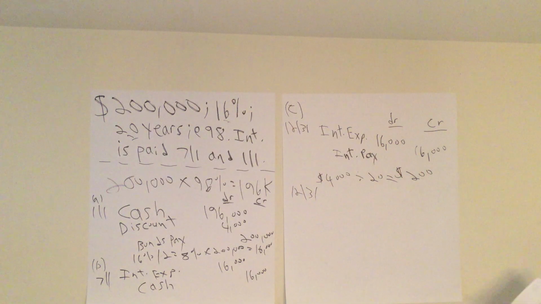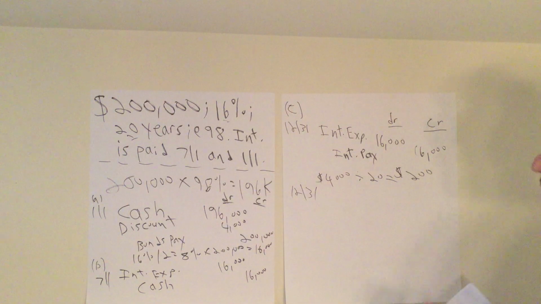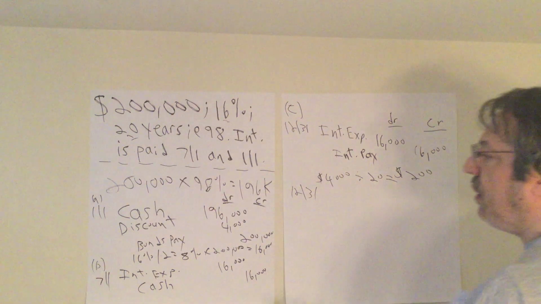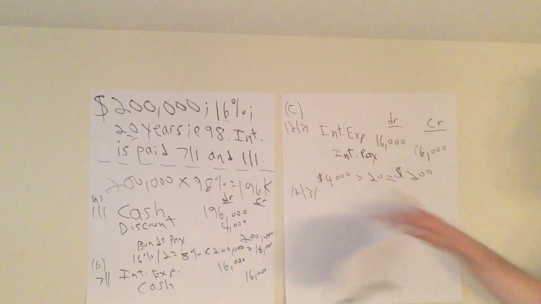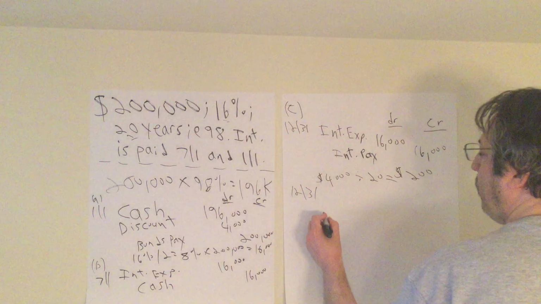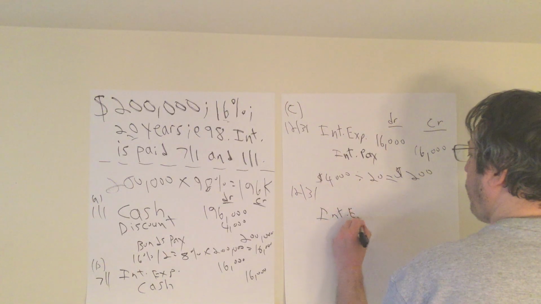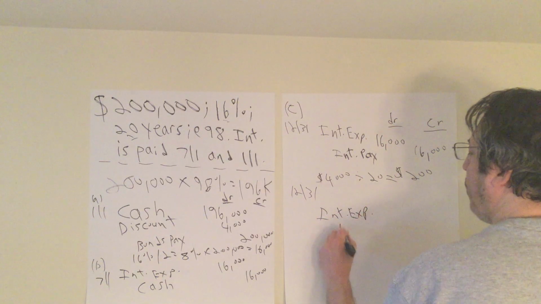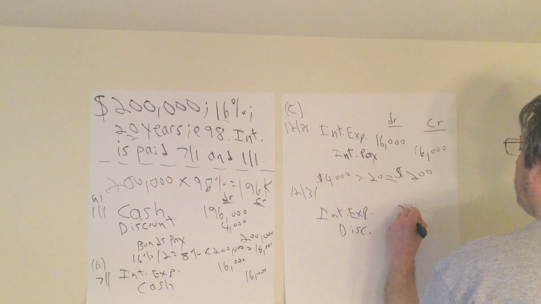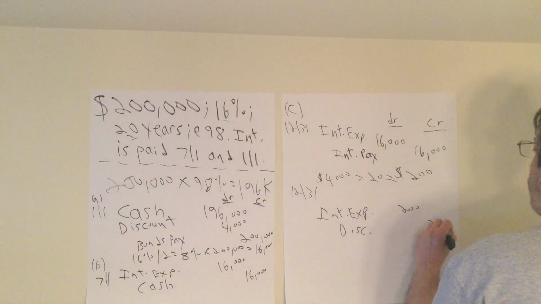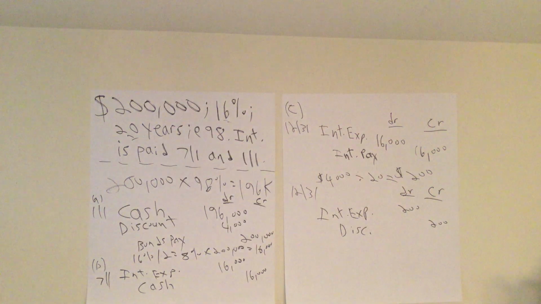All right, so for 20 years, every year we're going to make an entry for $200, and the entry is going to be to amortize the discount. So the discount is over here is a debit, right? So to amortize it, we're going to have to credit it. So we're going to debit interest expense. We're going to credit the discount for $200. I'm going to do it every year. All right, so that's the homework.